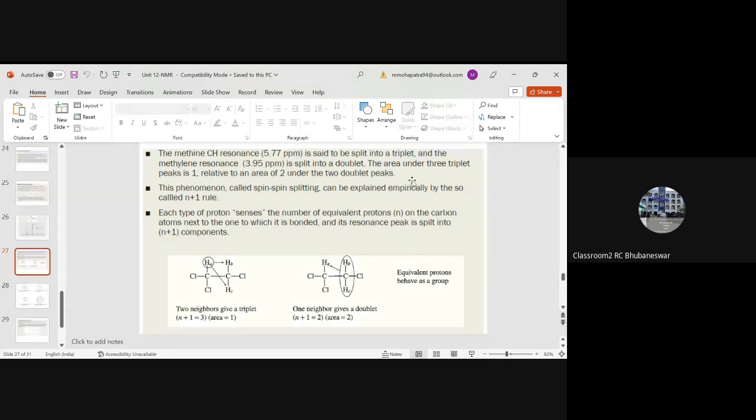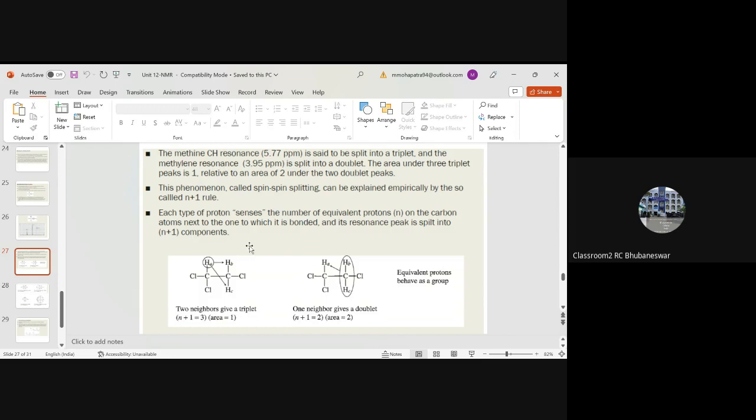The area under the triplet peaks is 1, relative to the area of 2 under the doublet peaks. The phenomenon is called spin splitting and can be explained empirically by the so-called n plus 1 rule.